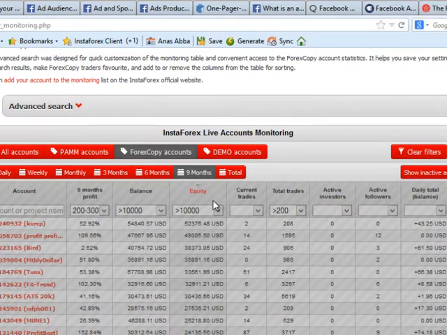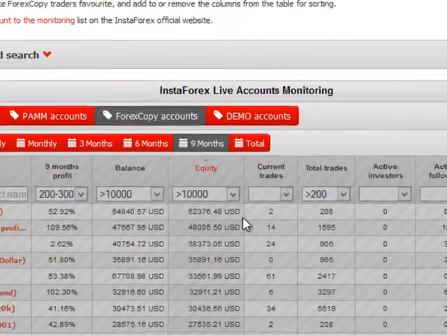So the fourth column is the equity column, and basically the equity shows you how much a trader's balance will be after they close all their open trades. Now from the table here, you can see that the first trader has $54,840, but his equity is $52,376.